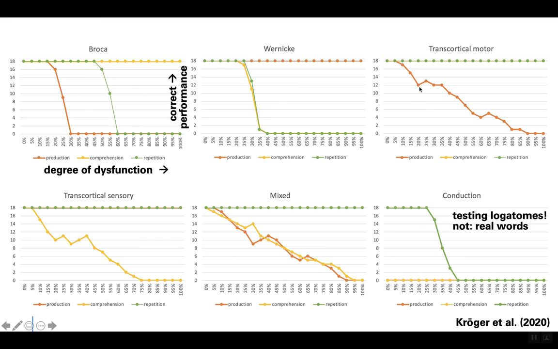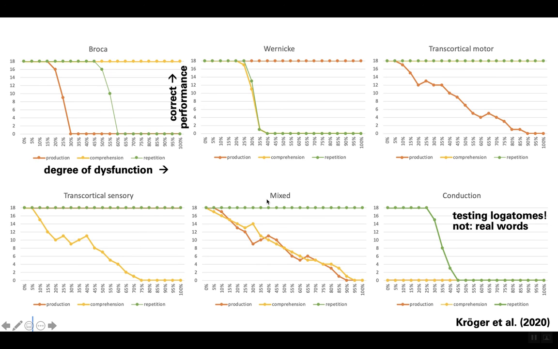In the case of the transcortical motor aphasia, the normal production task does not work. In the case of the transcortical sensory aphasia, the comprehension task does not work. In the case of mixed aphasia, both of these tasks do not work, while the low-level repetition task of syllables is not affected.